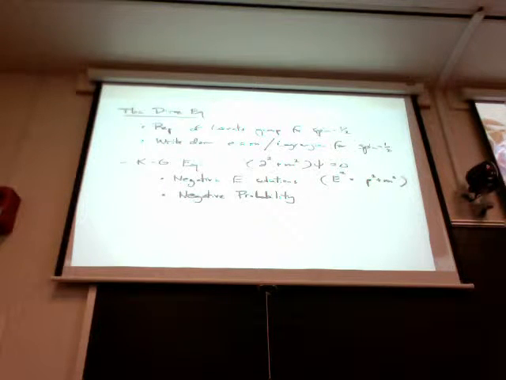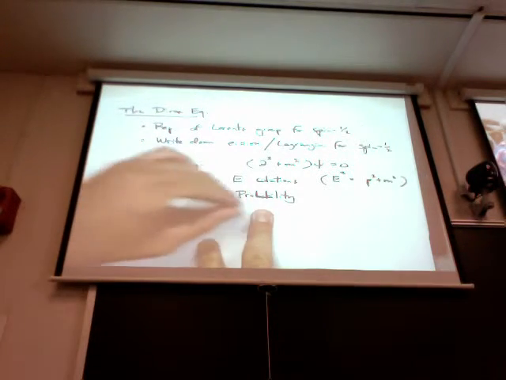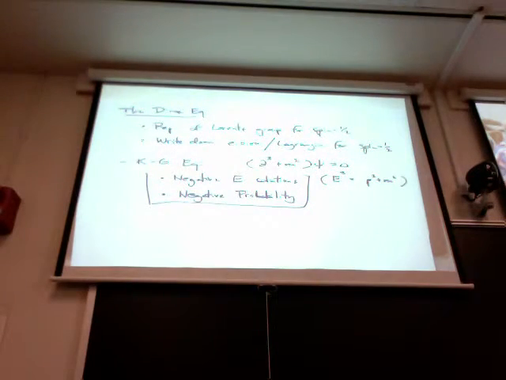Right? And one of the first things you learn in quantum mechanics is that the Schrödinger equation has to be first order in time. In order to preserve probability, it has to be first order in time. There's just no other way around it.